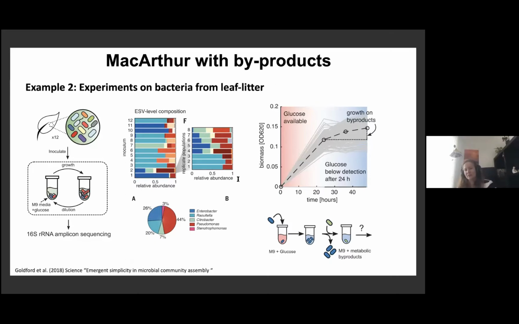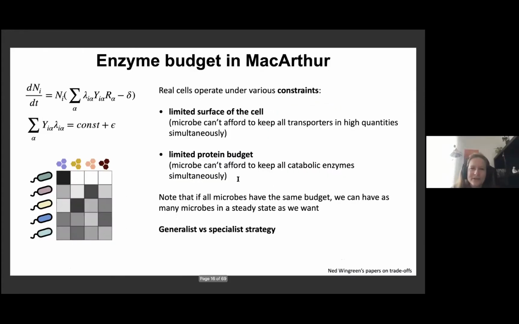And they confirmed that those species actually grow on byproducts of a couple of primary species. And they actually used the MacArthur model with byproducts to model qualitatively what's going on in their experiment. So I really recommend you check out this paper.